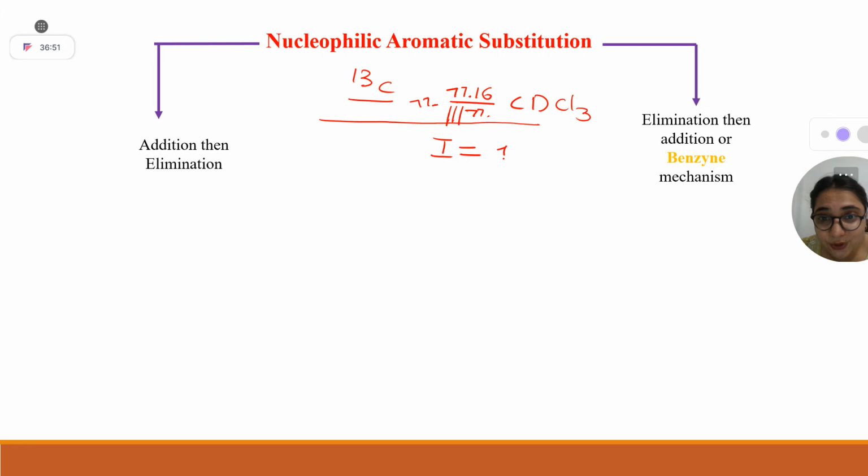It is 1. Splitting takes place as 2I plus 1, so 2 into 1 plus 1 is 3. Therefore a triplet comes. Yes or no?